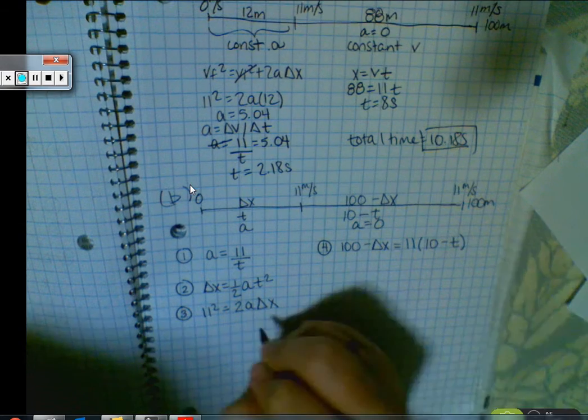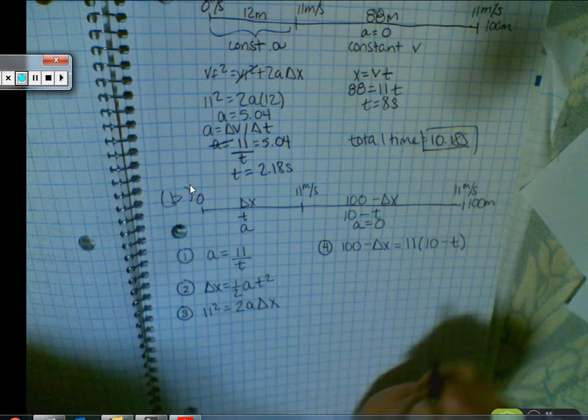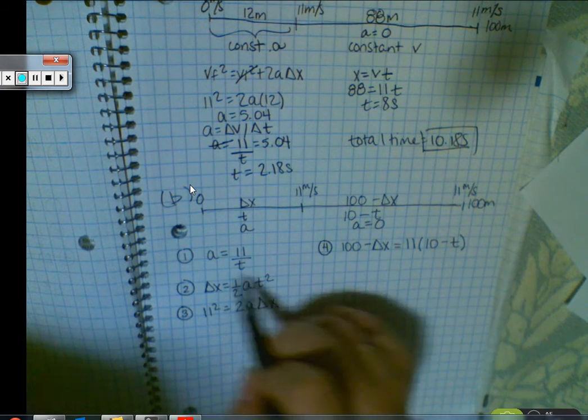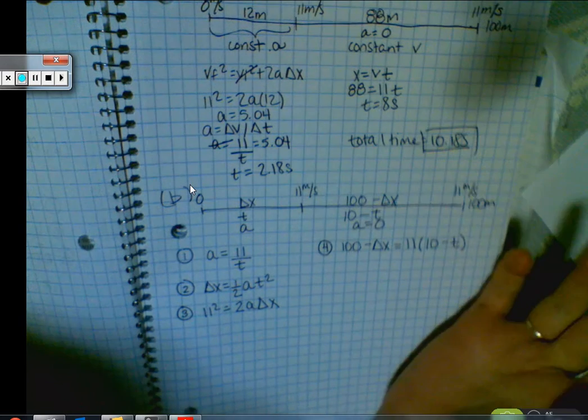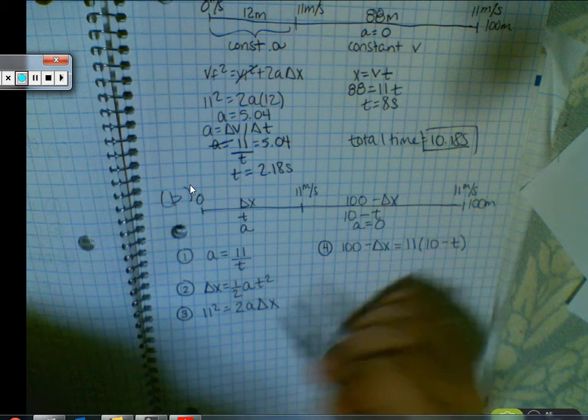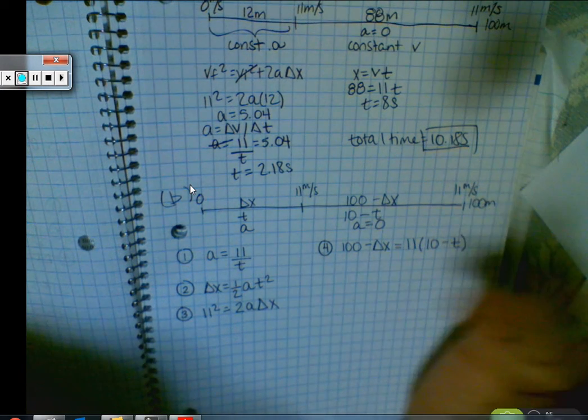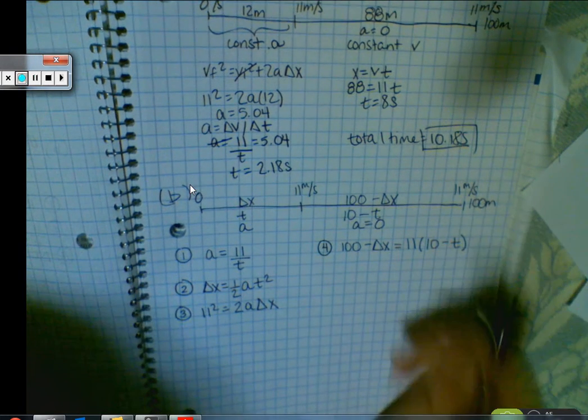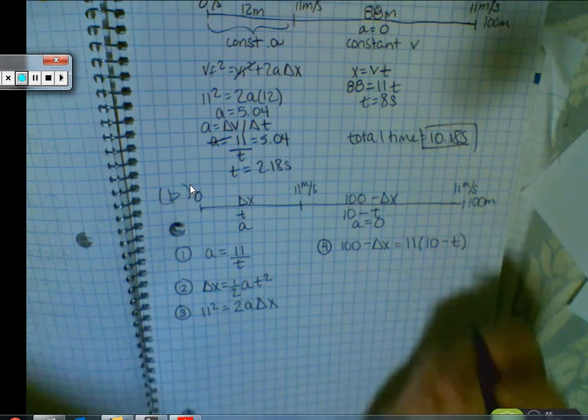So here I have four equations, but three unknown variables. So this is great. I just need to pick three equations and use substitution some number of times to ultimately solve for delta x.